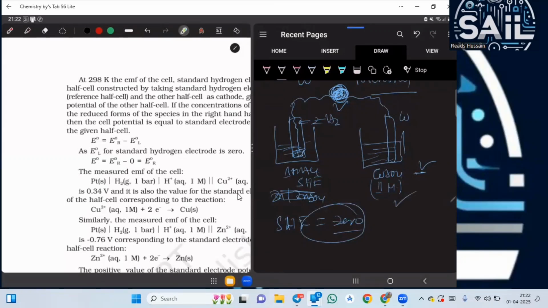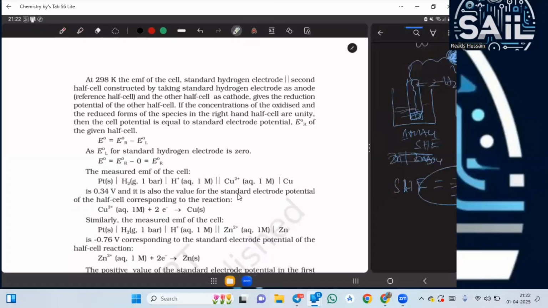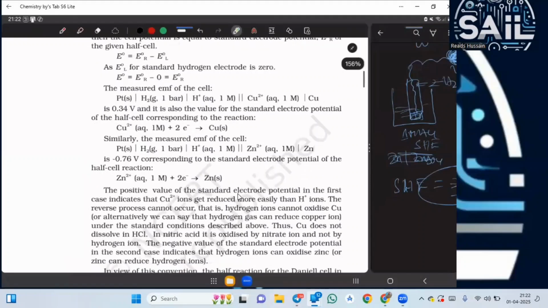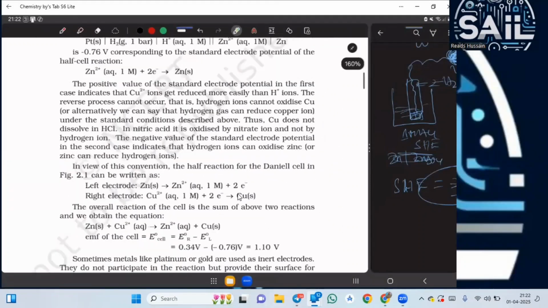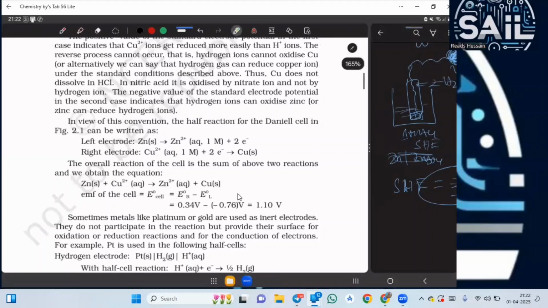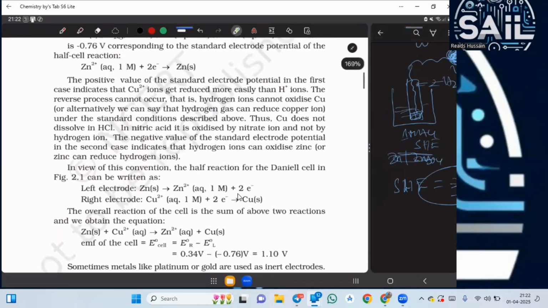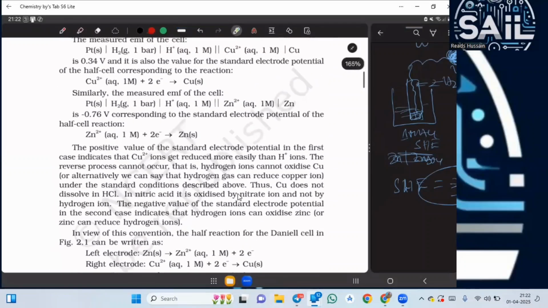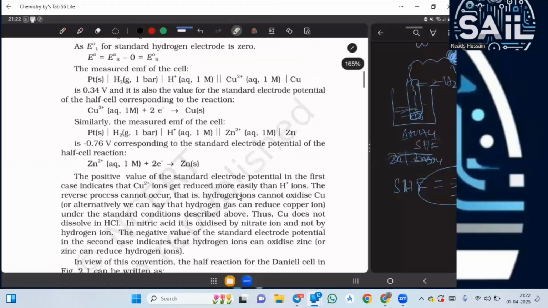Practically, when scientists conducted this experiment, they found that the electrode potential of copper is plus 0.34 volts.